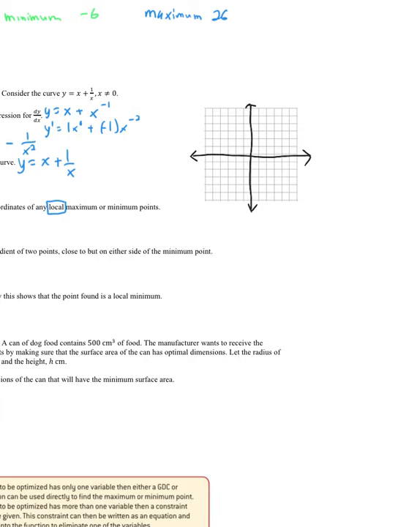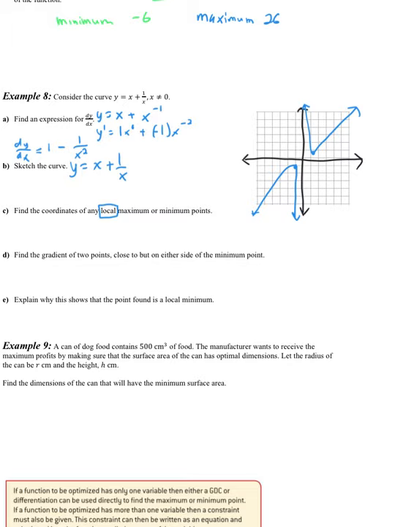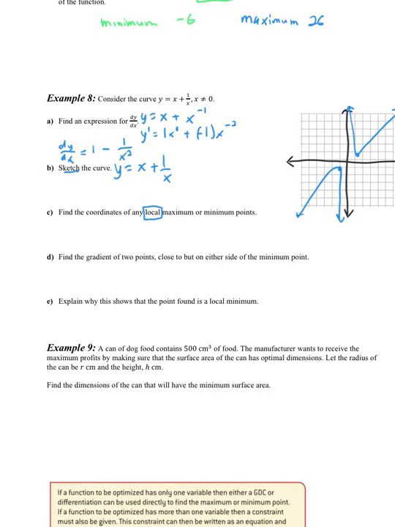And for this one, the original function, it's going to be coming up, and it's going to take a sharp turn and head down, and it's going to be coming from up here, sharp turn and head out. So there are indeed a local maximum and local minimum value that we can find. And my sketch might not be the most accurate, but that's fine. We were just doing a quick sketch.